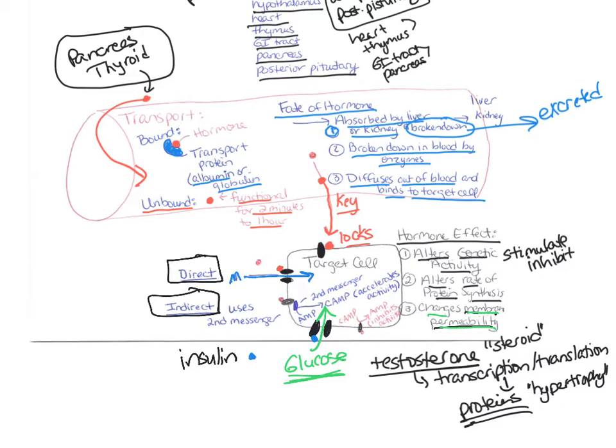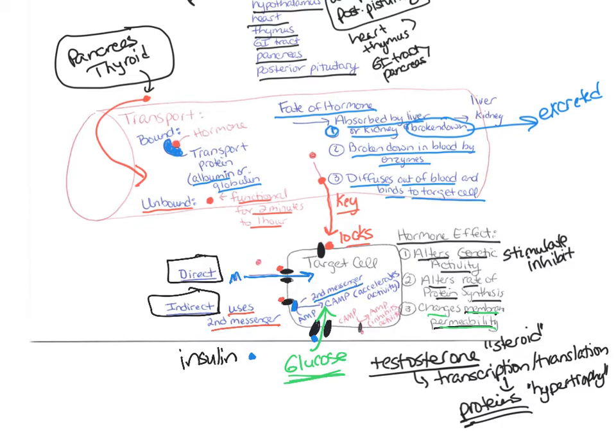An indirect way that a hormone affects a cell will use a second messenger. So in this example, there's not a gate. Instead, here we have a receptor on the target cell, and the hormone binds to it, but there's no gate there. So instead, what happens is that on the inside of the cell, attached to that receptor, is a second messenger.